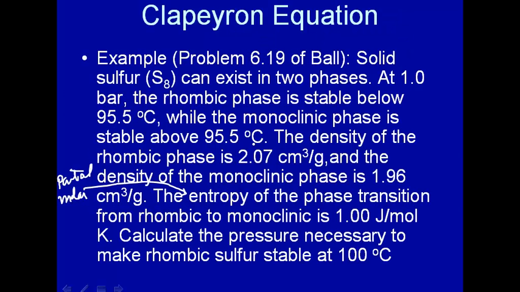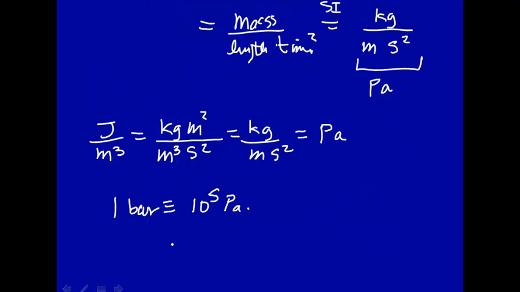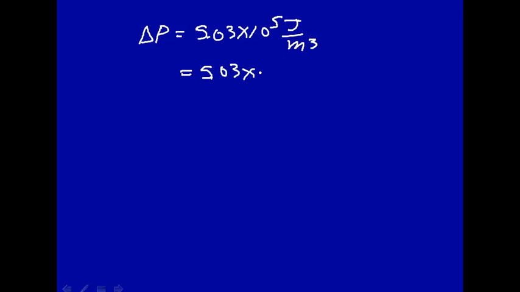All right. Why are we doing this? Well, we started at 1 bar, and we want to know what the pressure will be, in bar, when you go to the 100 degrees. All right, so back up here. We have delta P, we calculated, was 5.03 times 10 to the 5th. We said joule per meter cubed, and that's equal to 5.03 times 10 to the 5th Pascal.